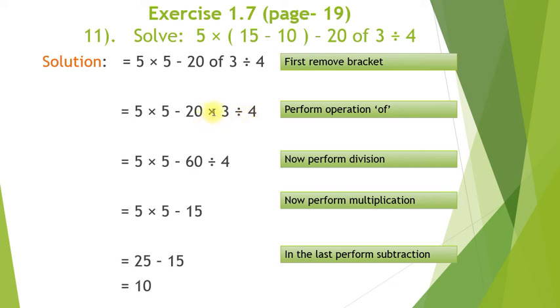Now there are two multiplication signs, but keep it in mind that one was the OF operation, so we have to solve it first. 20 of 3, that is 20 multiplied by 3, 20 3s are 60. Write the answer of this and copy the rest of the part. Now 5 multiplied by 5 minus 60 divided by 4.